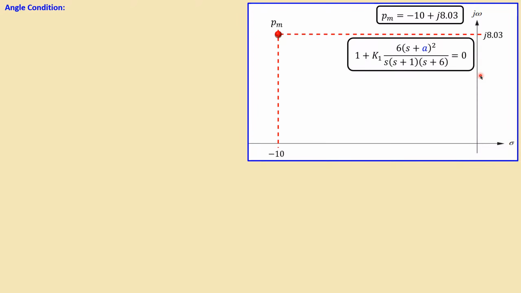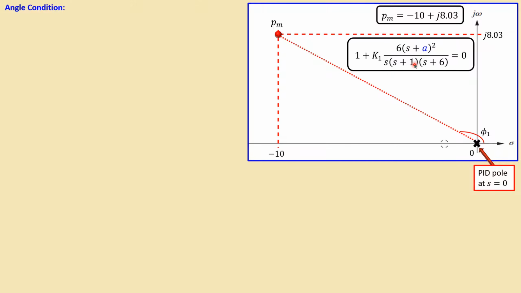You can see the PM at minus 10 plus j 8.03. This is the root locus equation we have determined, and from here you can see the poles and the zeros. One of the poles is at the origin, at 0. That is the PID pole, and that will contribute some phase, determined from this location up to the PM, and that phase is called phi 1.